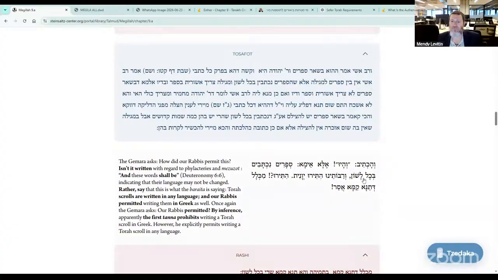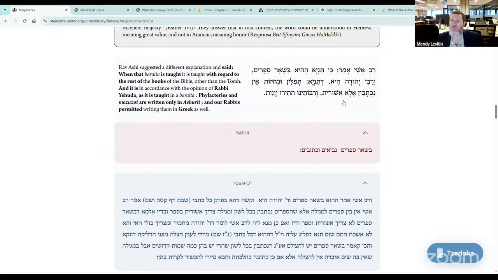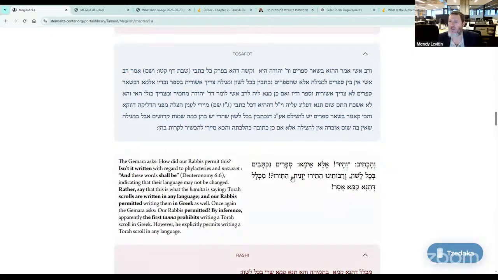V'hayu. How could you write the Tefillin and mezuzahs in Greek? It says v'hayu, it has to be written as havyasan, as they should be, which is Hebrew. You have to add in, not that the Tefillin and mezuzahs could be written in all languages, but the Tanakh can be written in all languages.